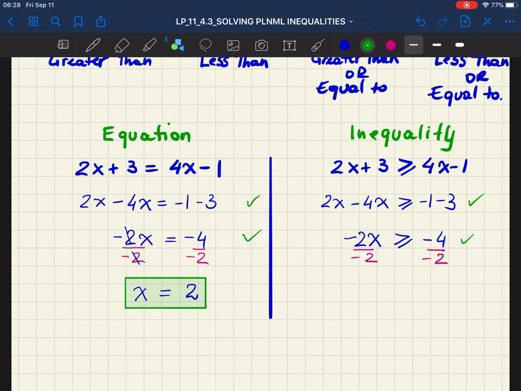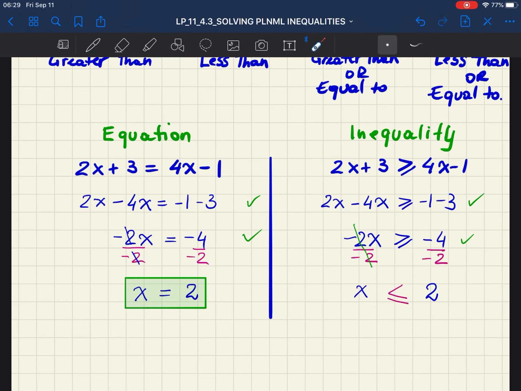Last step. Negative 2 will simplify with negative 2, and the left side will become x. Negative 4 divided by negative 2 will make a 2. When you are simplifying each side, nothing changes. But there is one thing we need to keep in mind when solving inequalities. When you divide both sides of an inequality by a negative number, you have to change the direction of the inequality.